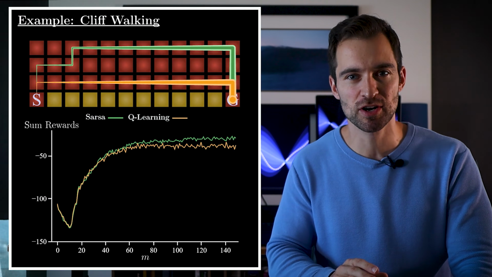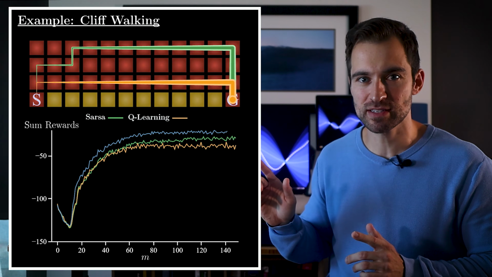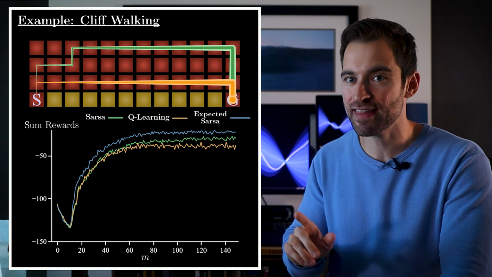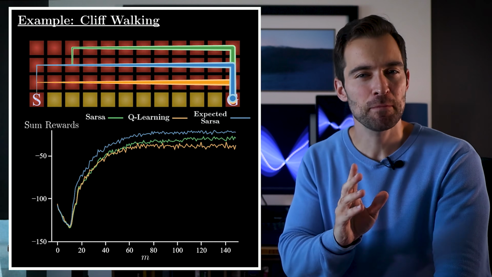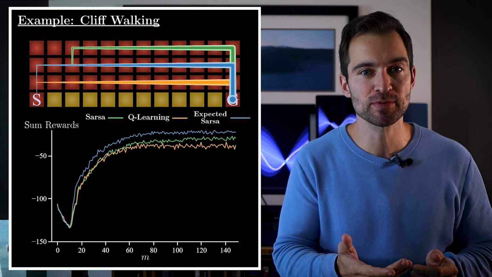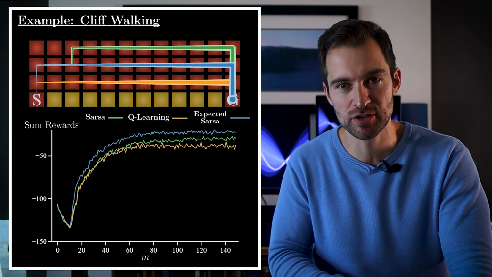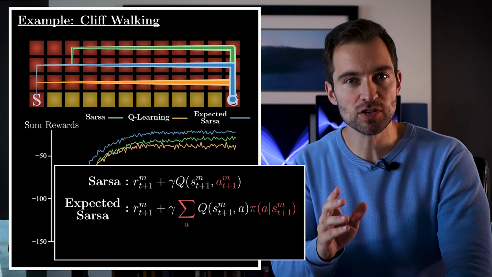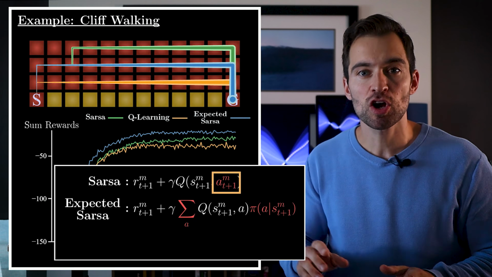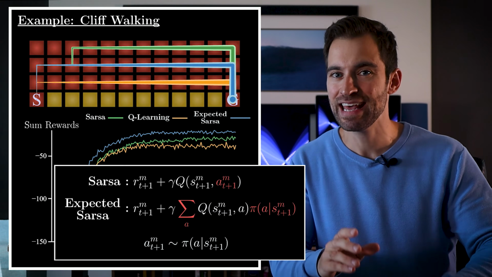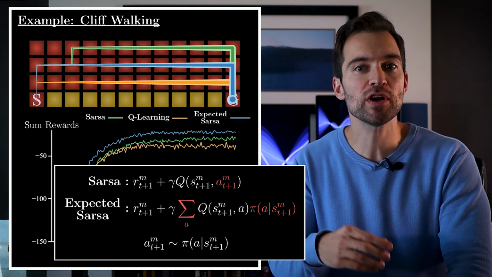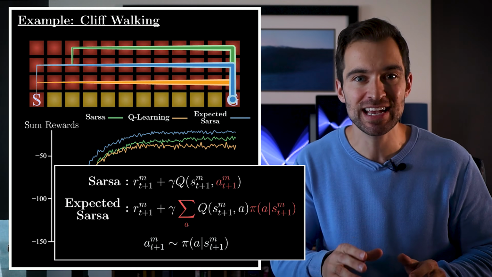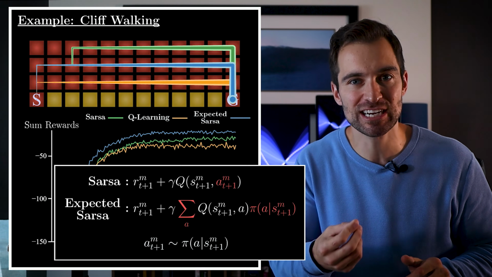Now let's see expected Sarsa, which has this performance. And its most typical path at the end is this. Basically, expected Sarsa on a per episode basis is a more efficient version of Sarsa. Again, it can be understood by the difference in targets. For Sarsa, we know that this action comes from the policy distribution. In expected Sarsa, we are just using that distribution directly to calculate the expected next action value.